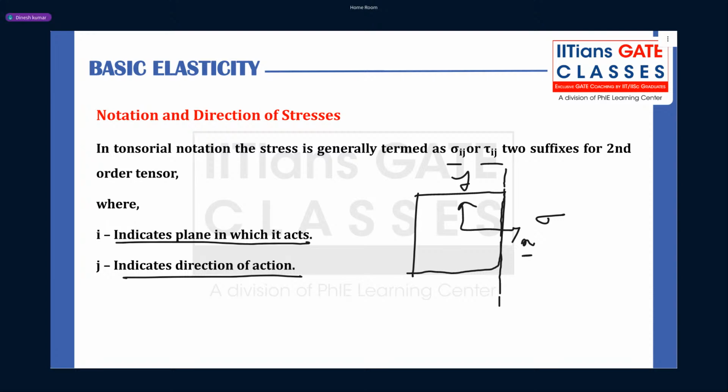If you take some finite thickness, what will be the perpendicular plane? You can see if I draw in 3D. So what is the plane? Anybody?